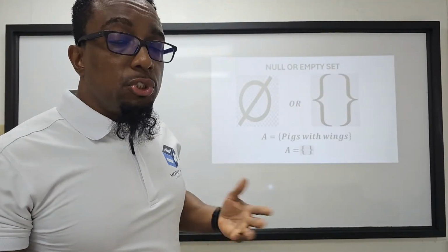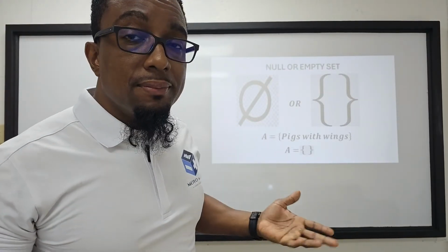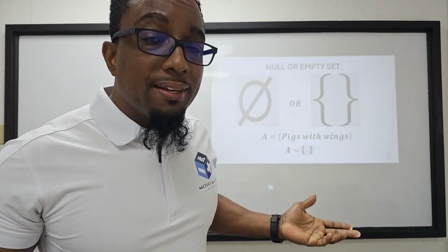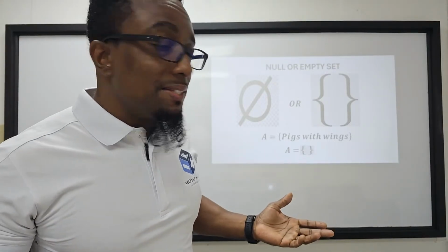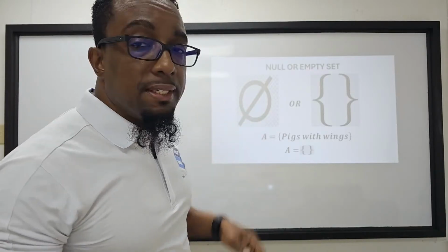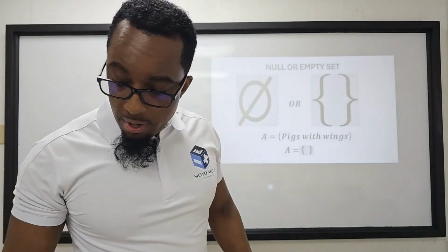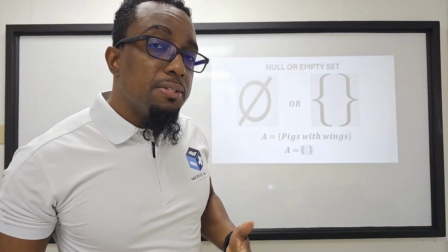So just to show an example of a null or empty set, we have set A, pigs with wings. I don't know of a pig with a wing, right? I don't know if you know of pigs with wings, but I don't know of pigs with wings. So clearly that will be null or empty, yeah? So your null or empty set, making sure we are familiar with all the various notation symbols.